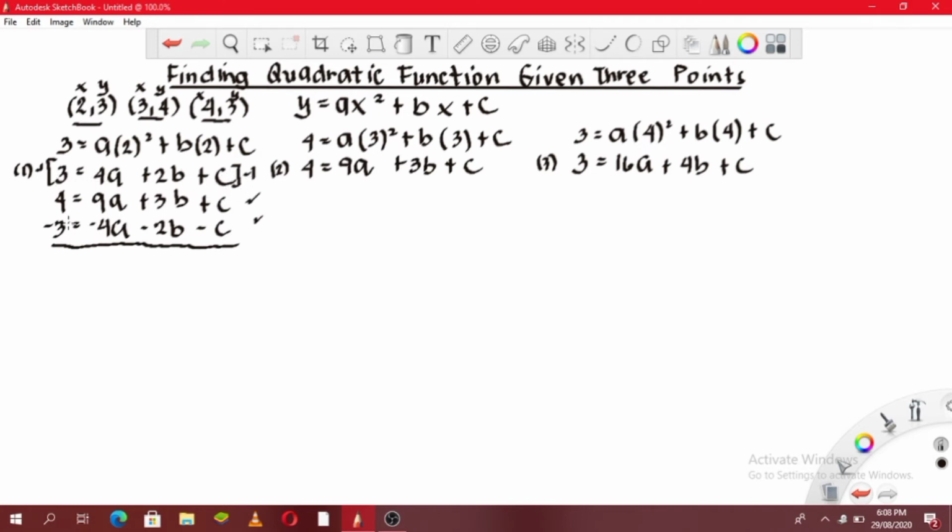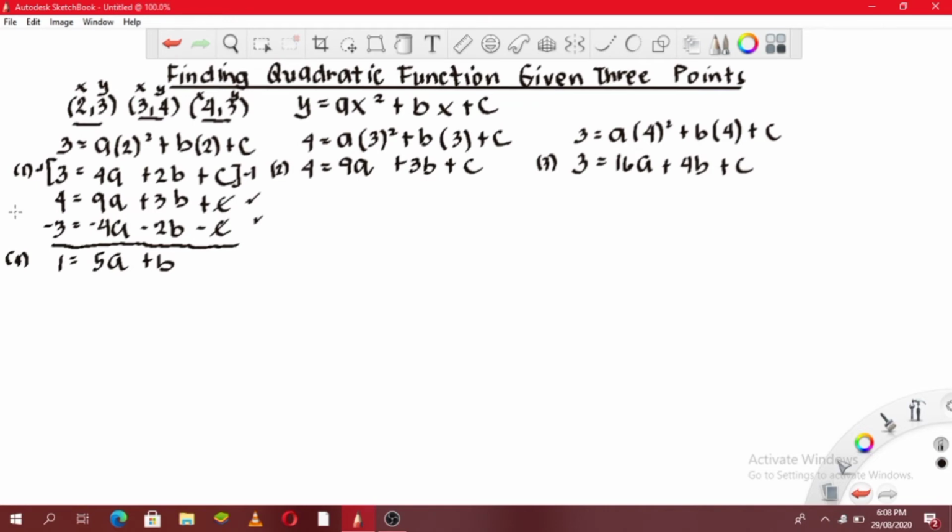So, add natin vertically. 4 plus negative 3, or 4 minus 3, that is 1, equals 9a minus 4a, that is 5a. 3b minus 2b, that will become plus b. And then c minus c is equal to 0, or sa madaling salita, eliminated. Ngayong eliminated na ang c, makikita dito sa equation na nabuo na dalawa na lang yung ating variables, a and b. So, let's make this equation number 4.